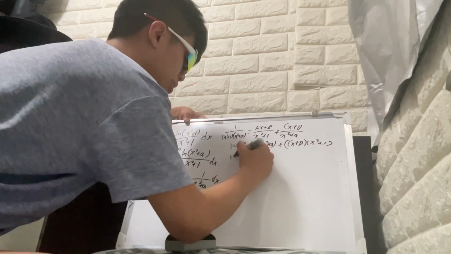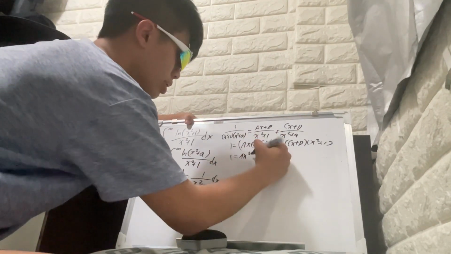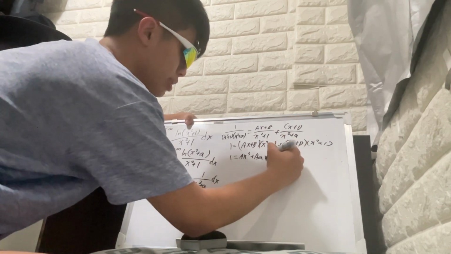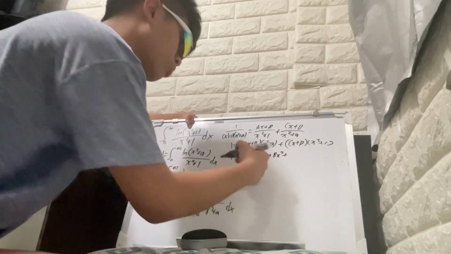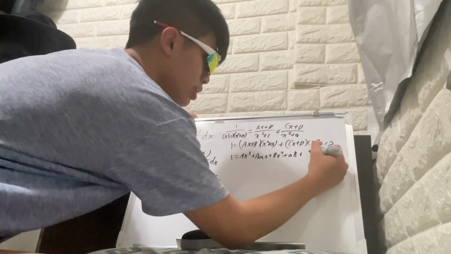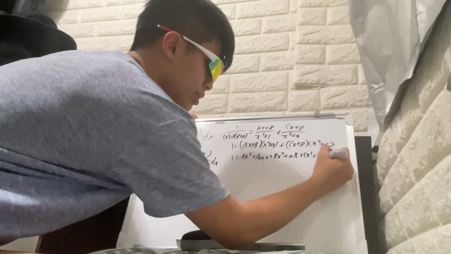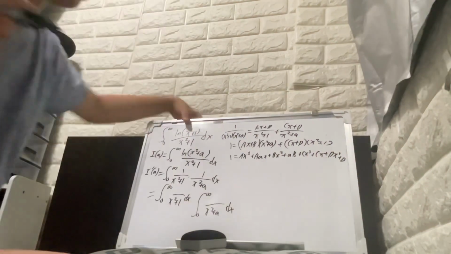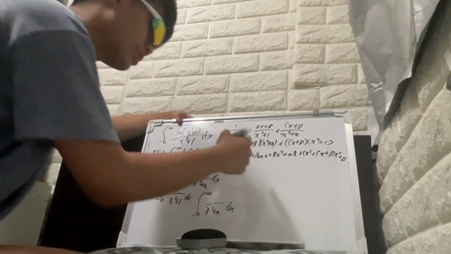Then distribute it: you will get A times x cubed, plus A times a x, plus B x squared, plus B a, plus, in parentheses, C x cubed plus C x plus D x squared plus D. Really long. I'm going to combine it, starting with the x cubed term first.